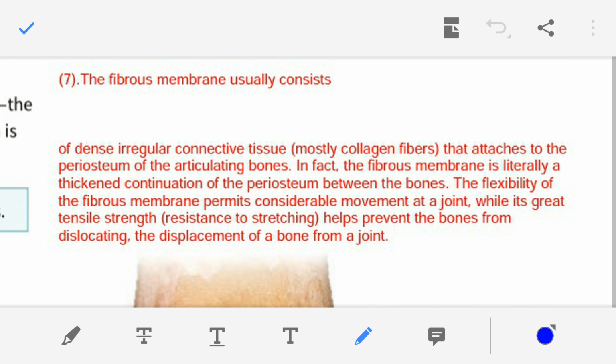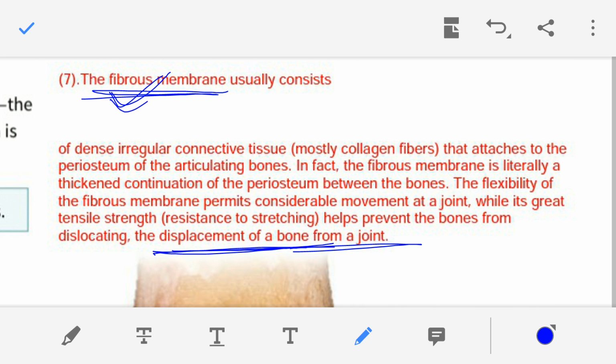So, with the help of the fibrous membrane in the synovial joint, the articulating bones remain at the same place all the time. The fibrous membrane is also preventing the displacement of bone from the joint.